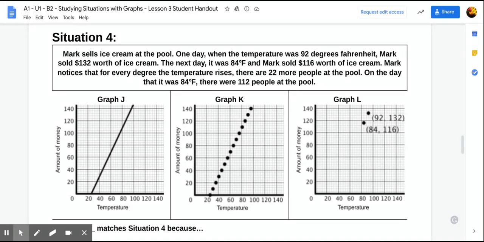Mark notices that for every degree the temperature rises, there are 22 more people at the pool. On the day that it was 84 degrees Fahrenheit, there were 112 people at the pool. Would this match graph J, K, or L? And why did you choose the graph?